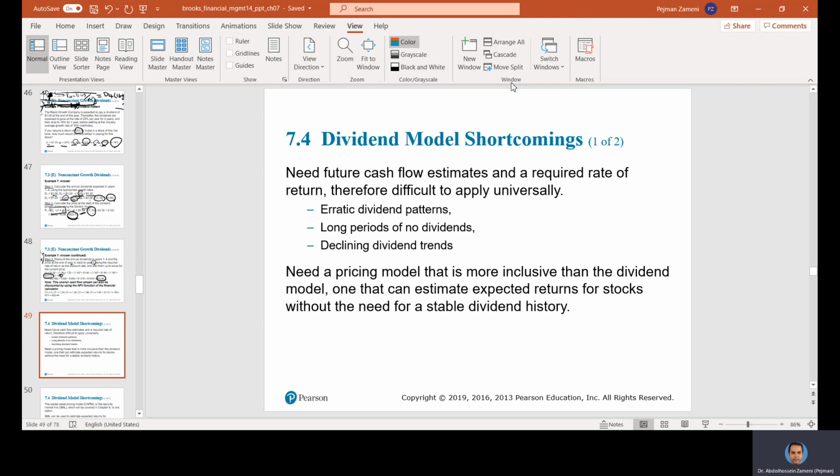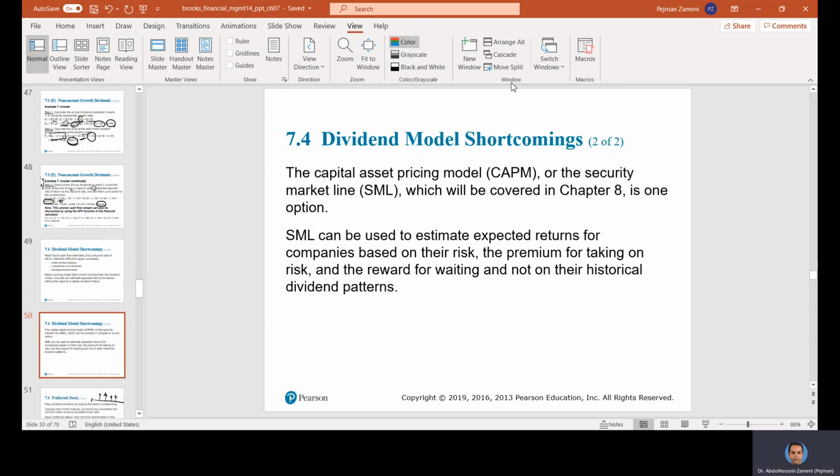We need a pricing model that is more inclusive than the dividend model, one that can estimate expected returns for stocks without the need for a stable dividend history. That's why researchers try to come up with other models in order to value the stock. The capital asset pricing model, CAPM, or the security market line, SML, which will be covered in chapter 8, is one option.